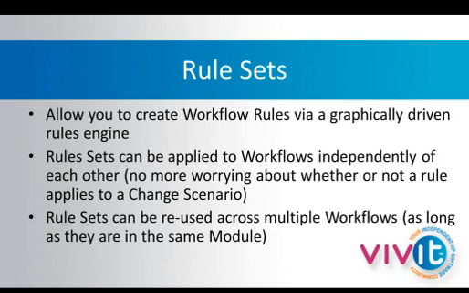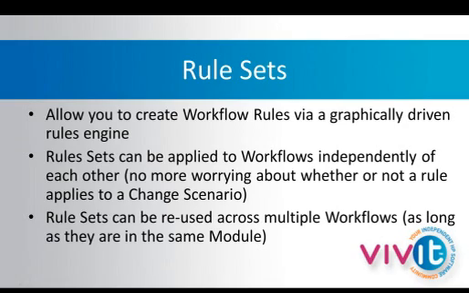Rule sets can be applied to workflows independently of each other. So for example, if you've got 8 change scenarios and you have very specific rules for each change scenario, in the existing tool set or pre-930, you may put a rule, say, in the CM3R format control, and then you had to define for which category that rule was for, or even for which phase in which category that rule was for.